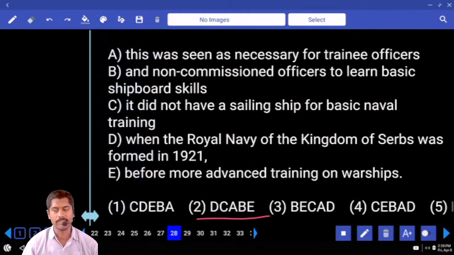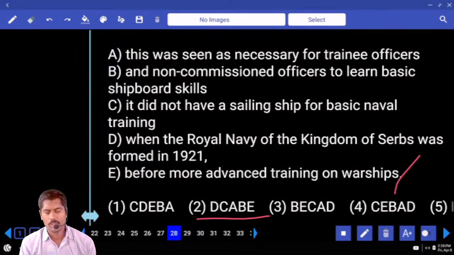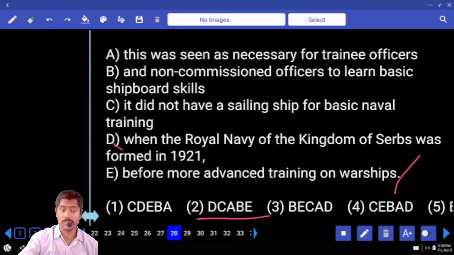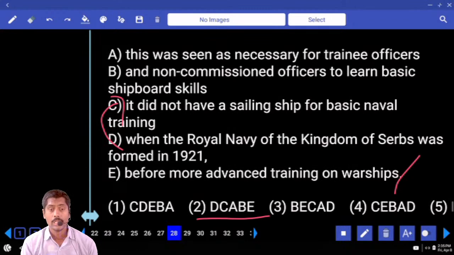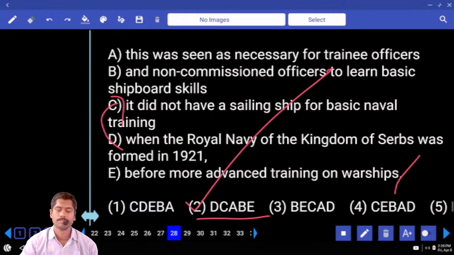Let me check the second one based on the punctuation. When the Royal Navy of the Kingdom of Sips was formed in 1921, it did not have a sailing ship for basic naval training. This was seen as necessary for trainee officers and non-commissioned officers to learn basic shipboard skills before more advanced training. Answer correct, second option.